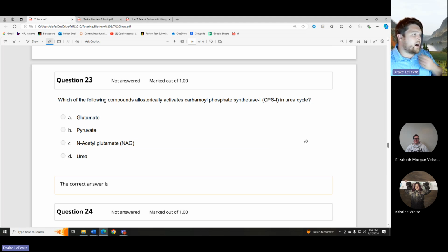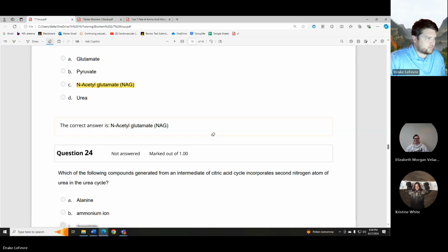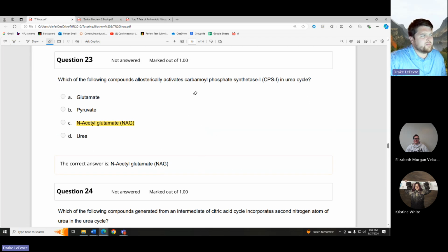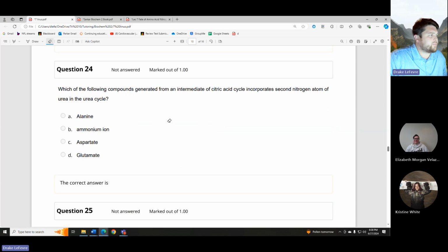Which of the following compounds allosterically activates carbamoyl phosphate synthetase 1 in the urea cycle? N-acetylglutamate. Yeah. A lot of these questions are pretty similar to one another.